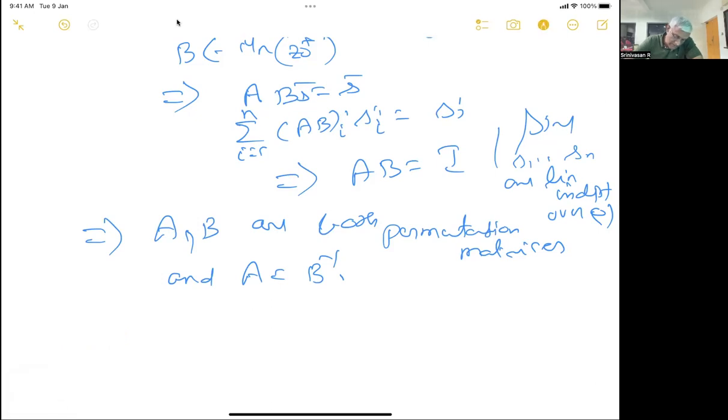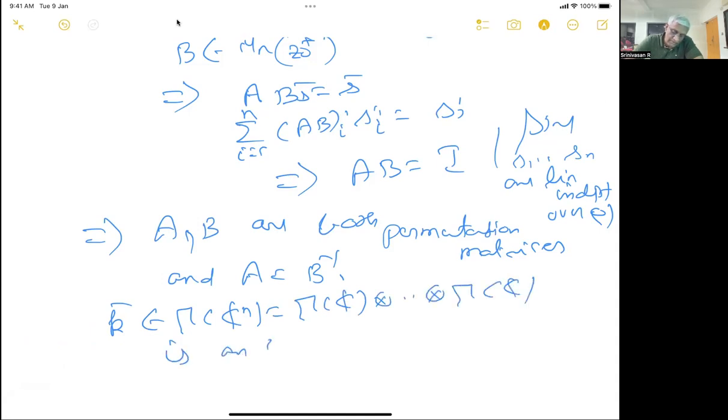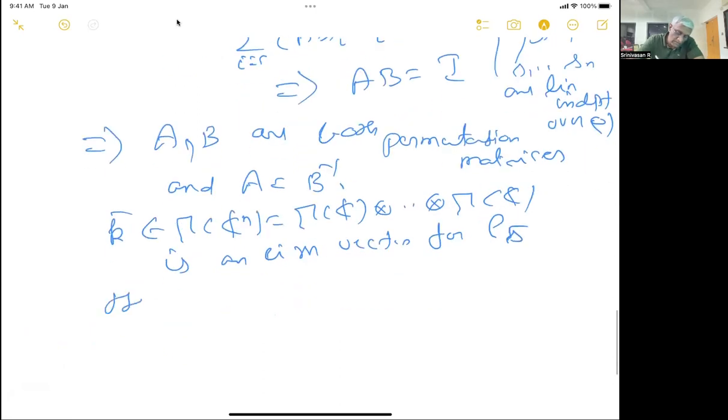If K bar is an eigenvector for rho S bar, okay, then of course UK bar, and we want to compute this U, that's our aim, is an eigenvector for rho T bar, right, with the same eigenvalue. Correct?